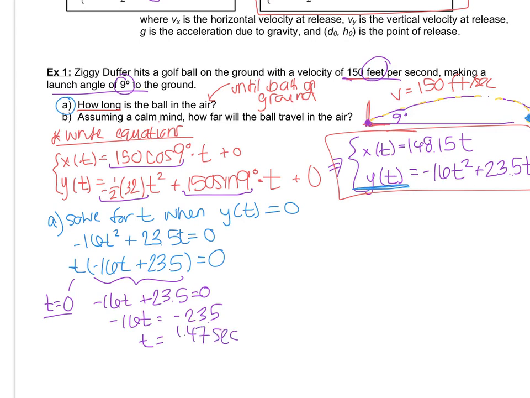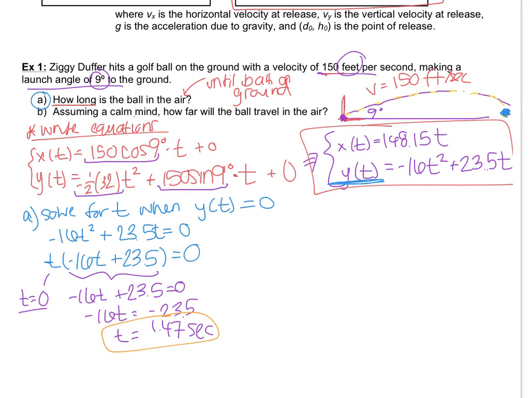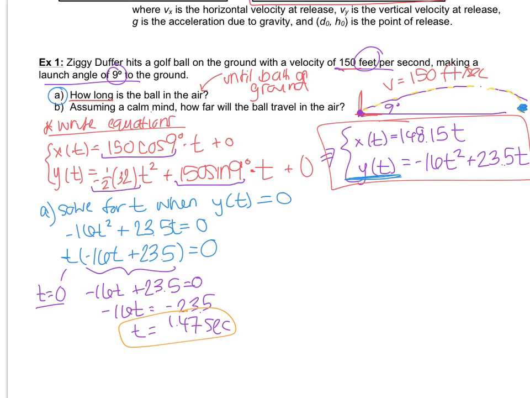So in about 1.47 seconds, that ball is back on the ground. So over here, it takes about 1.47 seconds for that ball to hit the ground. So we've just used the parametric equation y of t to solve for time when the ball hits the ground.